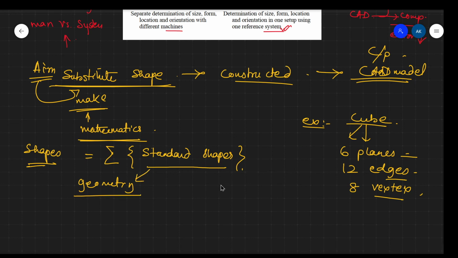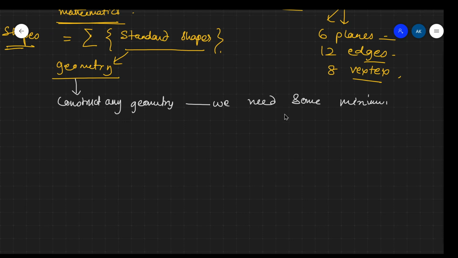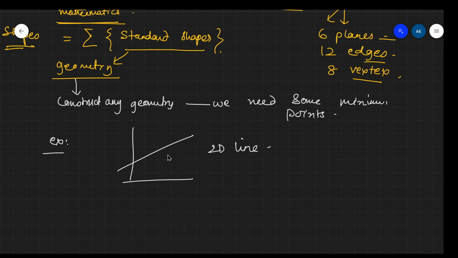Now, to construct any geometry, we need some minimum points. For example, suppose there is a 2D line. How much information do you need to construct this?